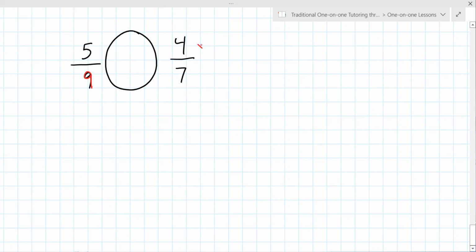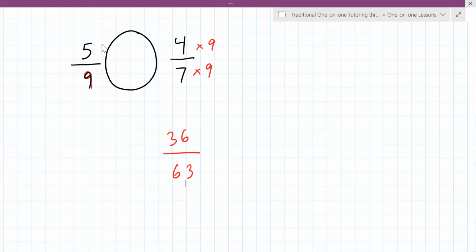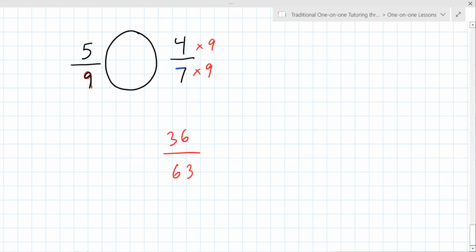You take that bottom number on the lower left and multiply both numbers on the right by 9. And this is where you've got to be really strong with your multiplication, your math facts. Then you take that number on the bottom right and multiply both on the left. Now it's always the case that you should get the same bottom because 9 times 7 is the same as 7 times 9.